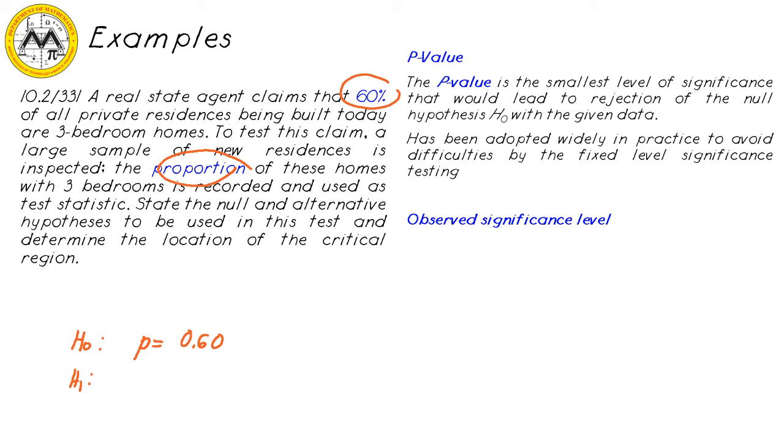So if we want to reject the claim that it is indeed 60, we use the alternative that the proportion is not 60. So the critical region would be somewhere outside the acceptance region, so outside the confidence interval. So it would be below the lower critical value and above the higher critical value.